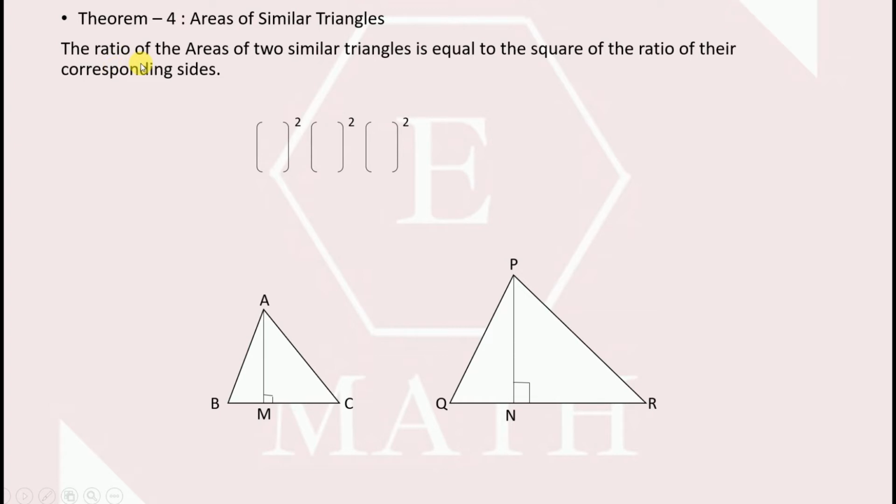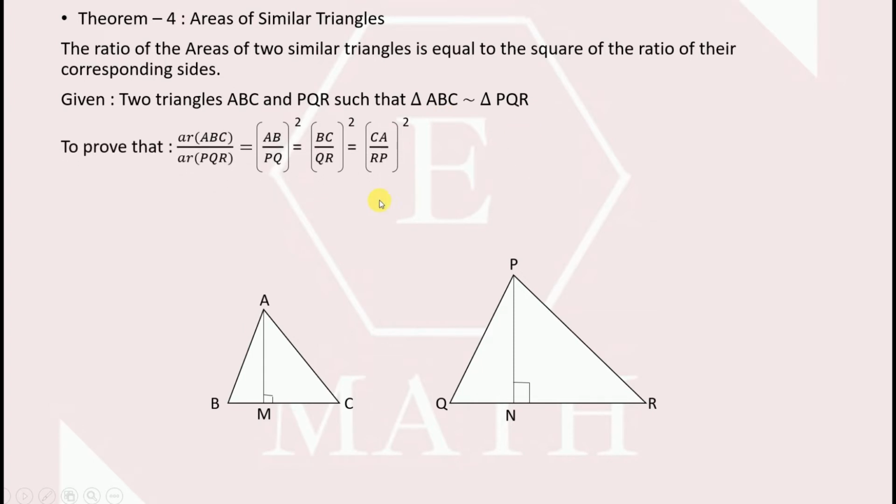Okay, the ratio of the areas of the two similar triangles is equal to the square of the ratio of their corresponding sides. That is, given two triangles ABC and PQR such that they are similar to each other, that is triangle ABC is similar to triangle PQR.